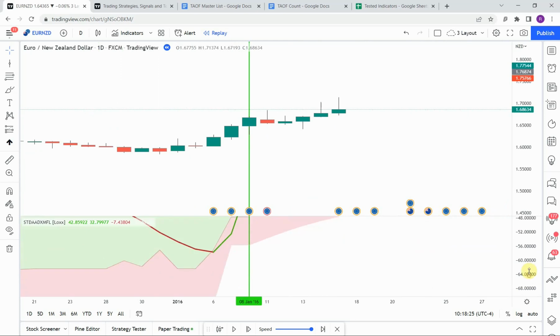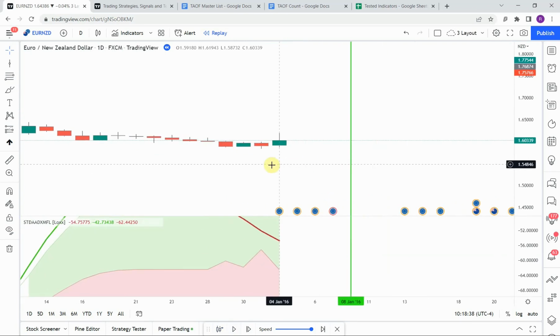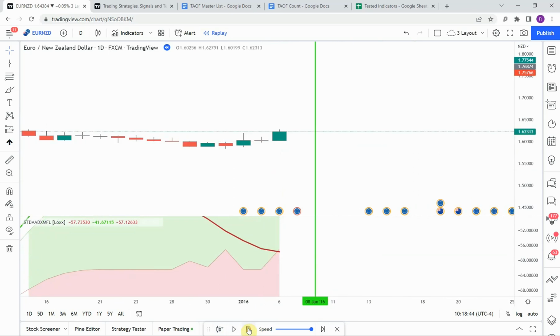It may have actually dropped into that red cloud while it was red. It does look like it, let me just jump back here a few bars. This is a problem with some indicators. They can be a little tricky. There and there.